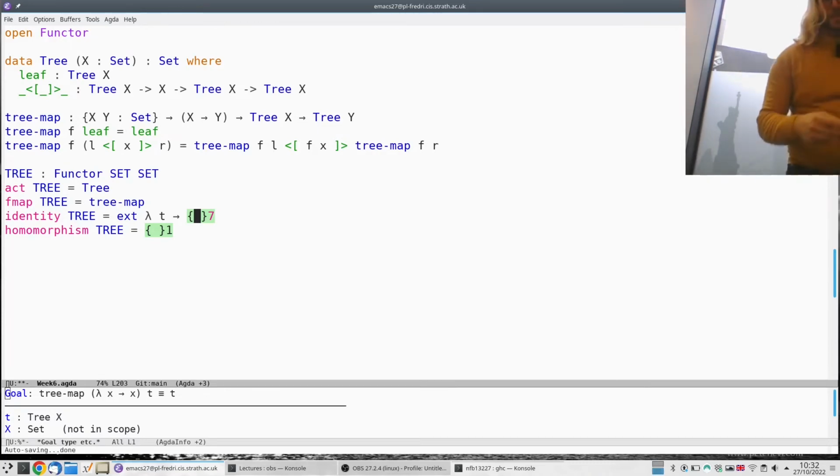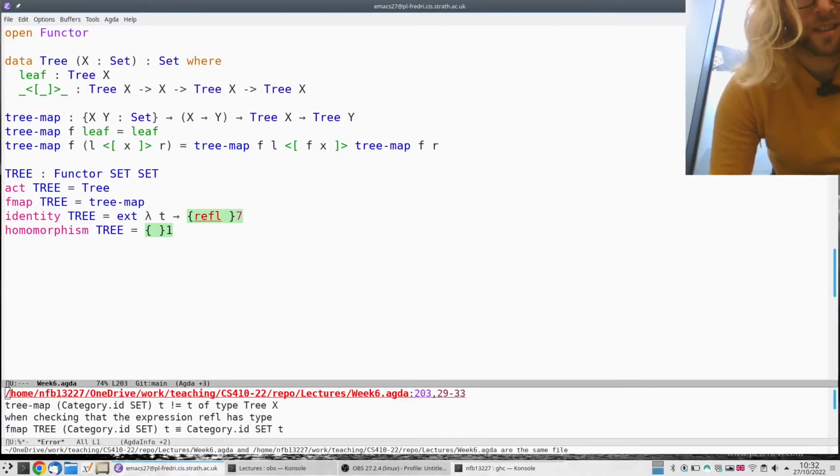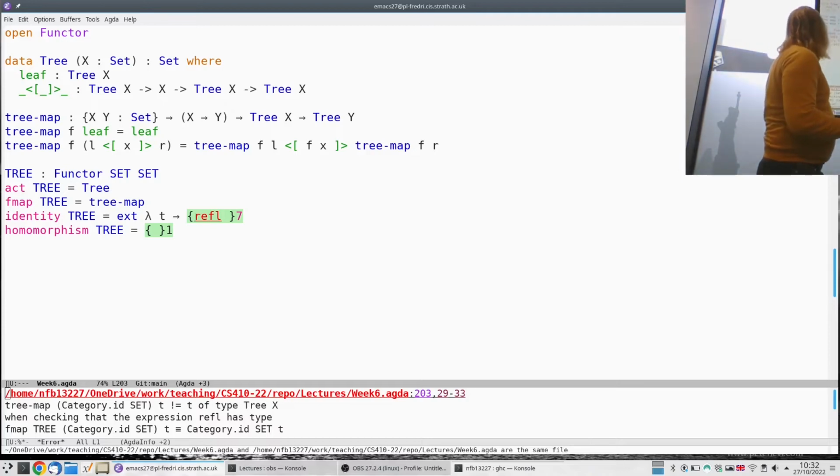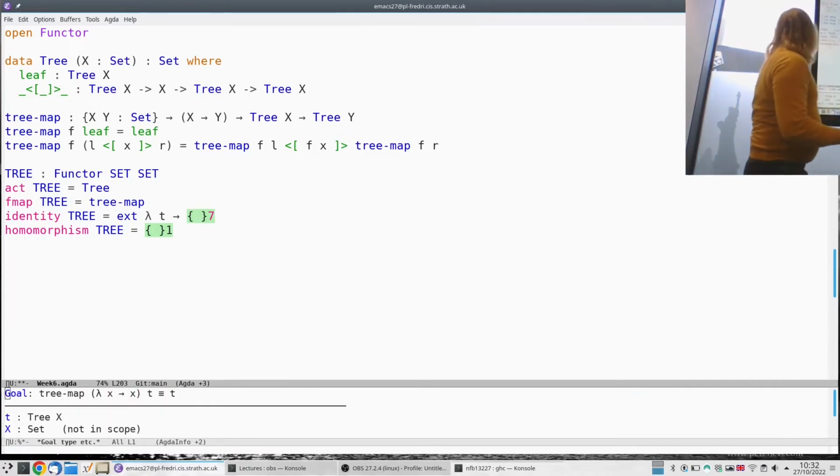Okay, so now you said, is it enough to just give it a tree? We could try, right? And the answer is no, it's not. Why is it stuck? Well, this thing is stuck because we don't know what the t is. We only have equations for when the t is a leaf or a branch.